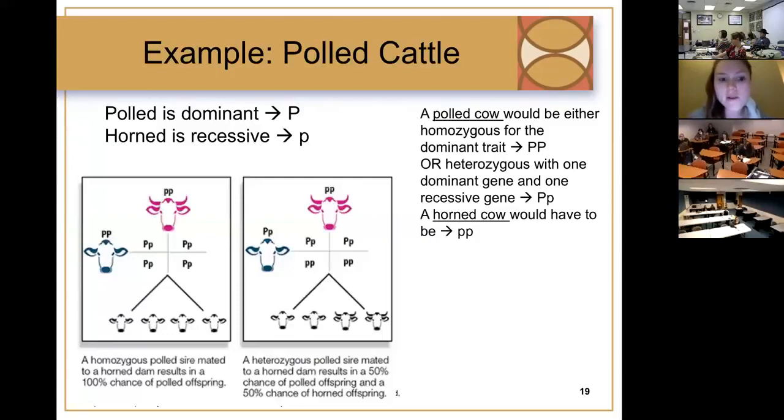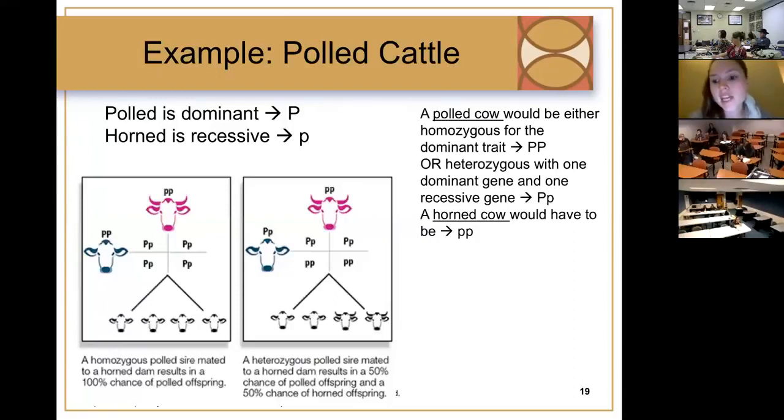For this example, let's say that polled is the dominant trait. So polled is going to be a capital P because that's dominant. And then the horned trait is recessive, so we're going to denote that with a little p. A polled cow would be either homozygous for the dominant trait, so they would have PP, big P, or they could be heterozygous for the dominant gene, because polled, big P, is dominant.